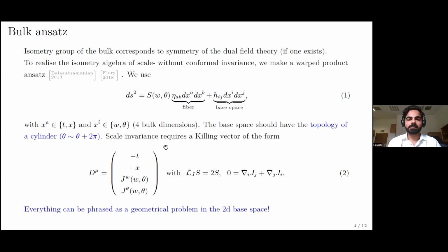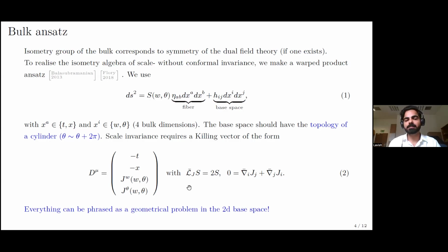Starting from this, we now demand that a scale invariant Killing vector exists for our metric ansatz. Demanding that fixes the form of this Killing vector as in equation 2, and we have two arbitrary functions, j_w and j_theta.